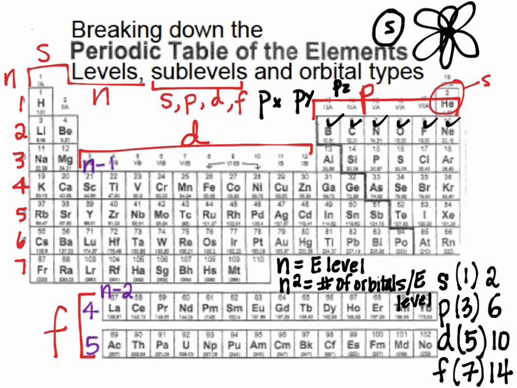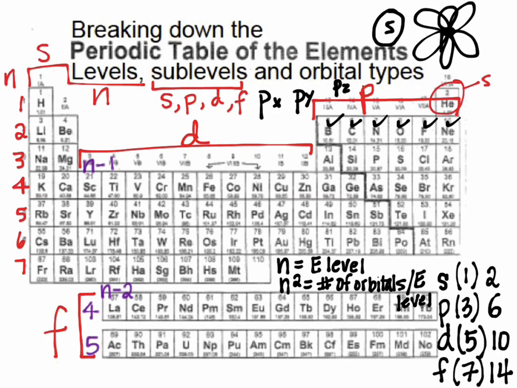We haven't gone out any further than that. Now, what if they hypothetically tell you the periodic table has 27 energy levels, then what's the number of orbitals in that energy level? And so 27 squared, all right?